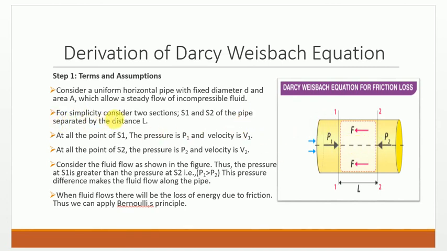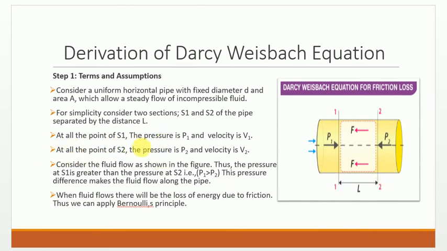For simple consideration, we take S1 and S2. These are section 1 and section 2 of a pipe separated by a distance L. You know that we are following the Eulerian method, so it's like a control volume. So section 1 and section 2. Here we're going to discuss the fluid energy losses.